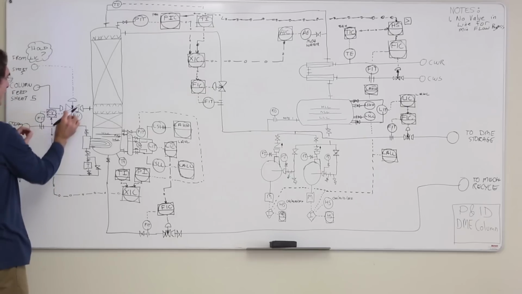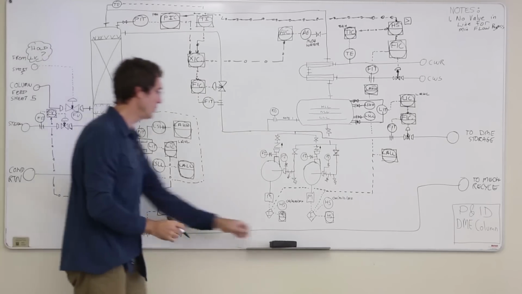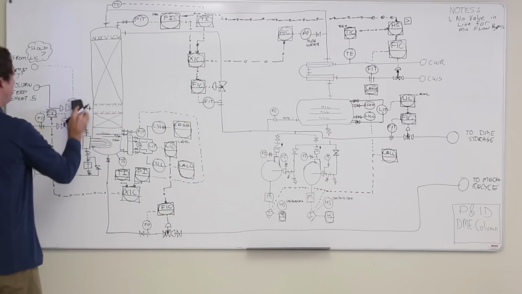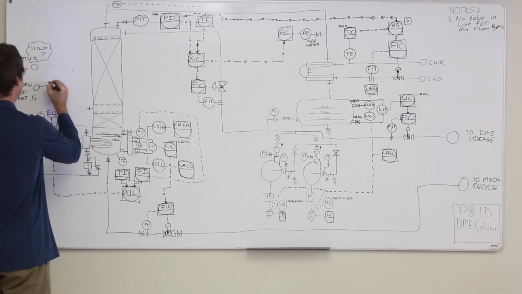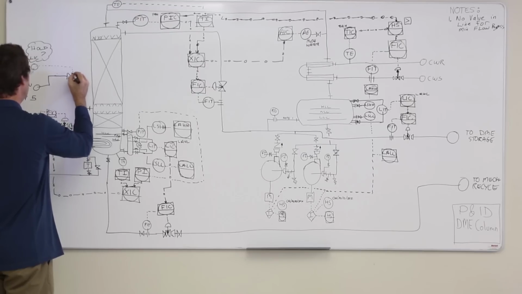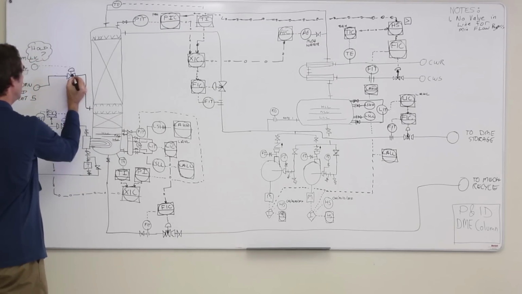In order for me to do that, I've got a whole bunch of writing in here that I got to write, so I'm going to move this up. So I'm going to redraw that. Sorry about that. There we go. Now I got some space in there that I can work with.